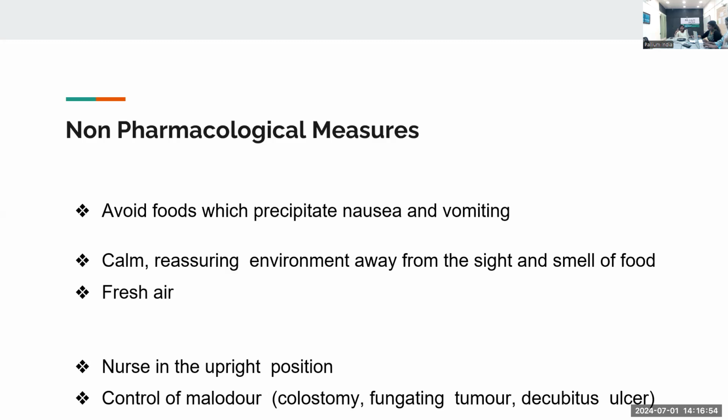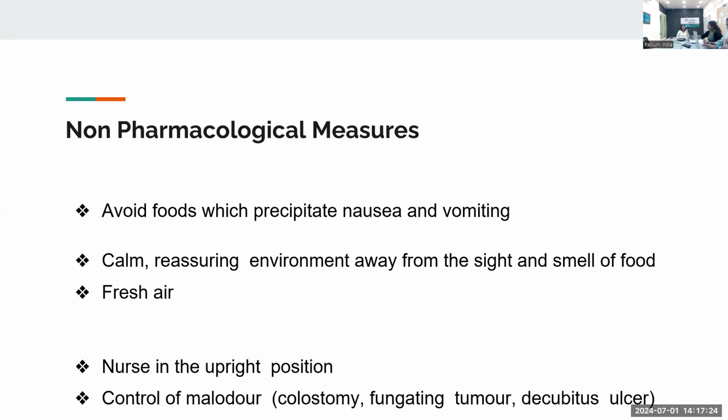Or when the patient has a tumor or an ulcer which is very foul smelling, how can they eat? We have to consider that. We have to make the necessary arrangements or do the wound management properly to avoid smell in that patient. With the smell, we cannot tell the patient, no, it's okay, the smell is there, but you have to eat. No, they can't eat. First, you have to understand that. So there should be control of malodor.